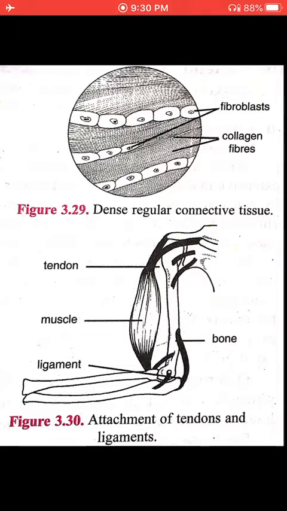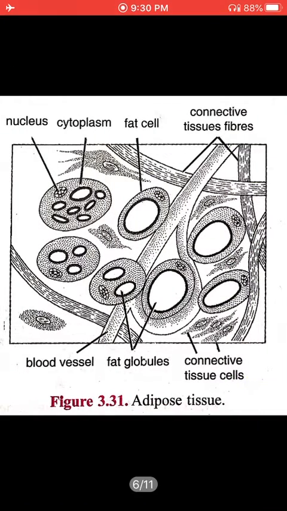Now coming to the adipose tissue. This is how adipose tissue appears: blood vessels, flat globules, connective tissue cells, connective tissue fibers, cytoplasm, fat cell, nucleus. This is how whole adipose tissue is made up. Adipose tissue is basically an aggregate of fat cells, or adipocytes.